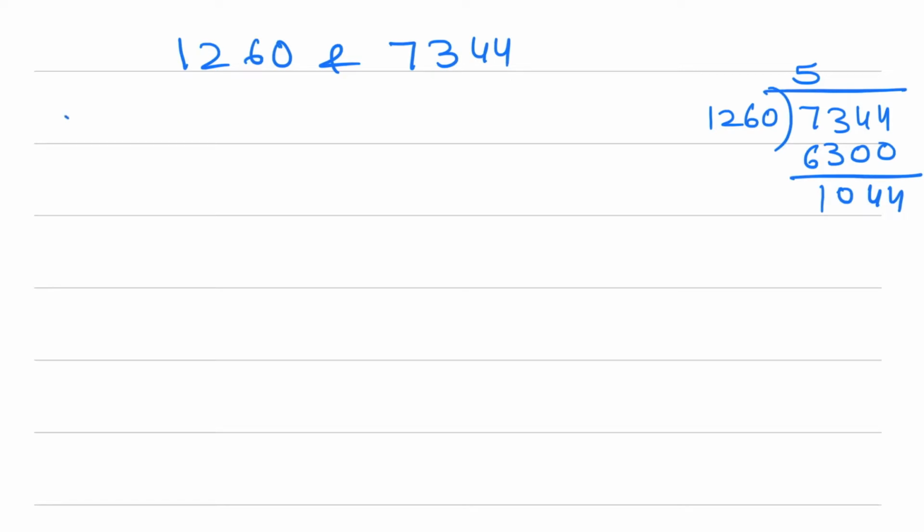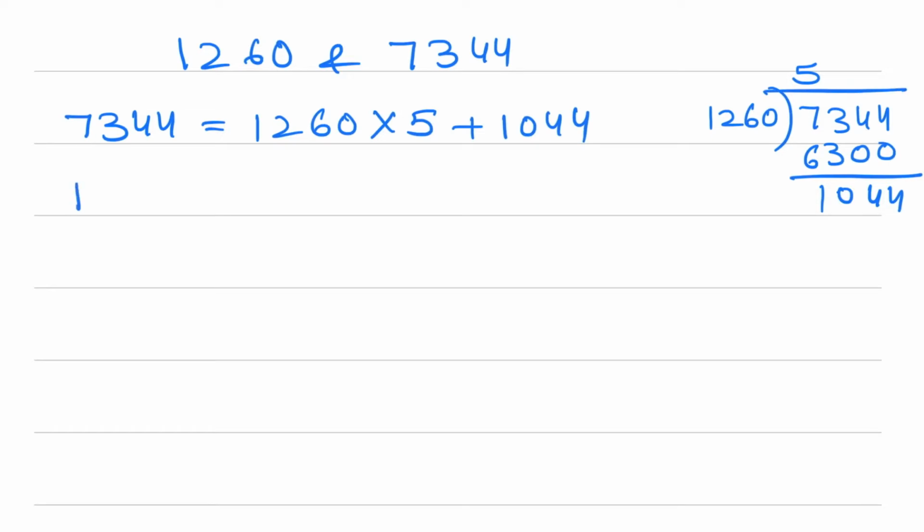So we can write 7344 is equal to 1260 multiplied by 5 plus 1044. Now 1260 is equal to 1044 multiplied by 1 plus the remainder 216.